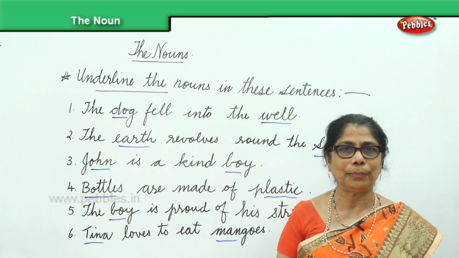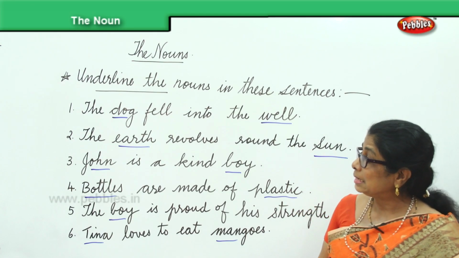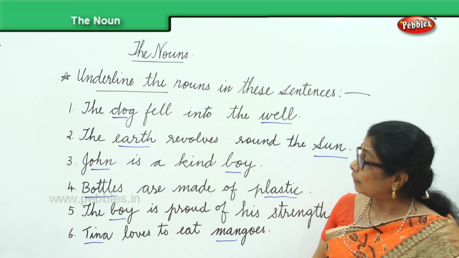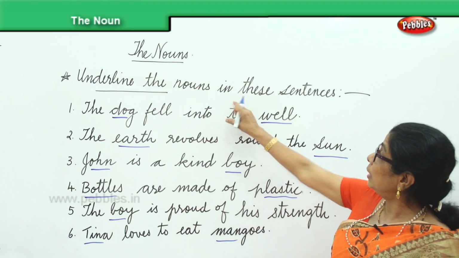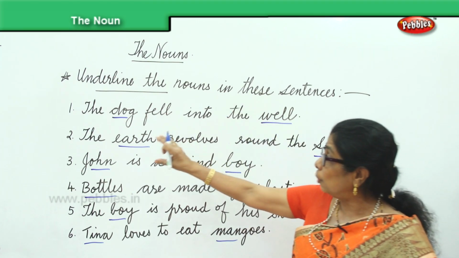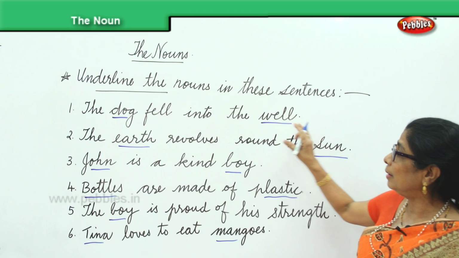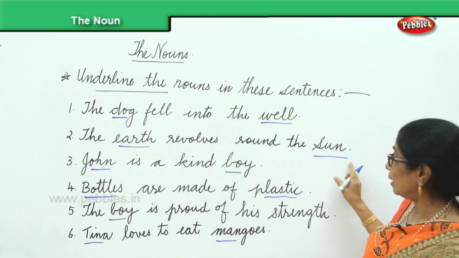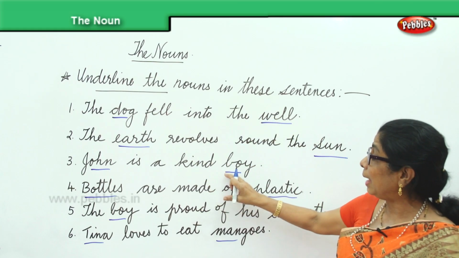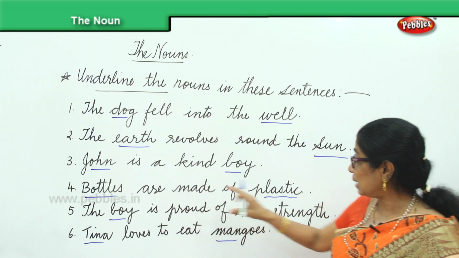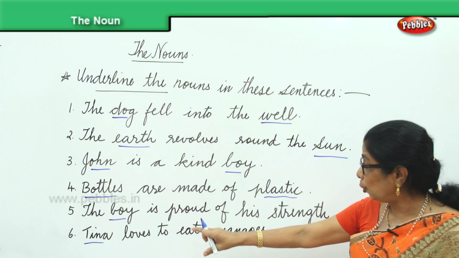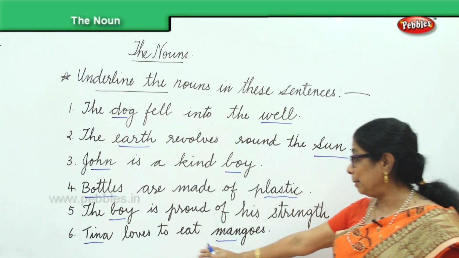Mangoes is a noun. Now look at all the 6 sentences. We have underlined all the nouns in the sentence. The dog and the well. The earth and the sun. John and boy. Bottles and plastic. Boy, Tina and mango.